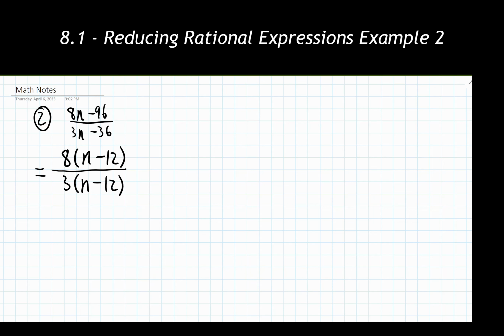Now I'm looking at both the numerator and the denominator, noticing I can't factor anything else out from each of them individually, so both of those are fully factored. Now I can go and divide and cancel things out. In this step, I'm noticing both the numerator and the denominator have an n minus 12 in them, meaning I can cancel an n minus 12 and an n minus 12.